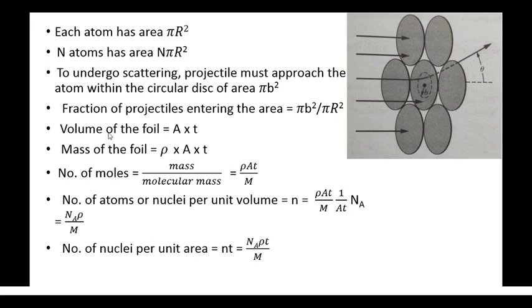Now volume multiplied by the density will give you the mass of the foil. From this we are going to calculate the number of moles. Number of moles is given by mass by molecular mass. We had already calculated mass as volume into density rho, that is rho A T, divided by the molecular mass of the foil, given by capital M. So these are the number of moles.